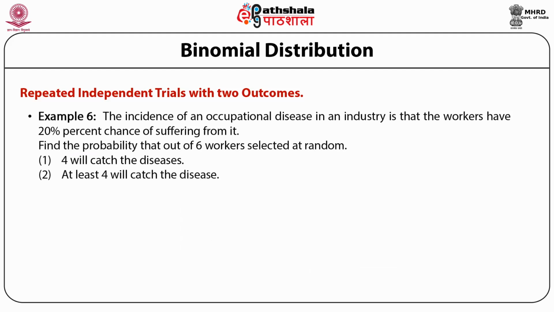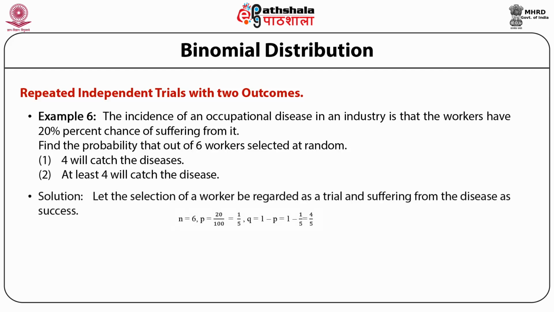The incidence of an occupational disease in an industry is such that the workers have a 20% chance of suffering from it. Find the probability that out of 6 workers selected at random, first, 4 will catch the disease, and second, at least 4 will catch the disease.